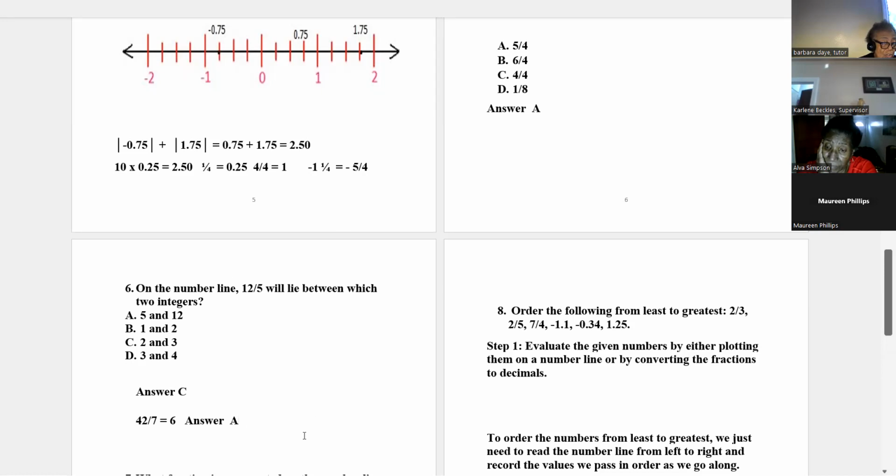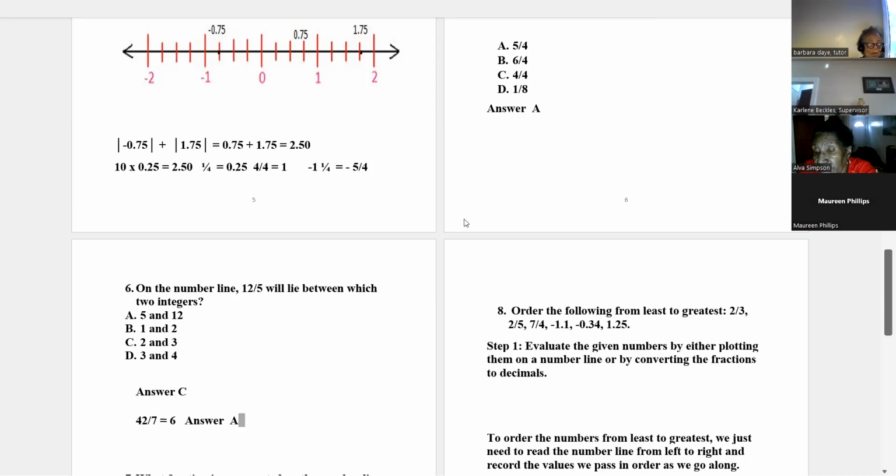But you just do the math, do the division, then you get the number and look here. It says 6. Well, it can't be between 1 and 2, it's too big. Can't be between 2 and 3 or 3 and 4, it's too big. So it's gotta be 5 and 12. 6 falls between those two numbers.